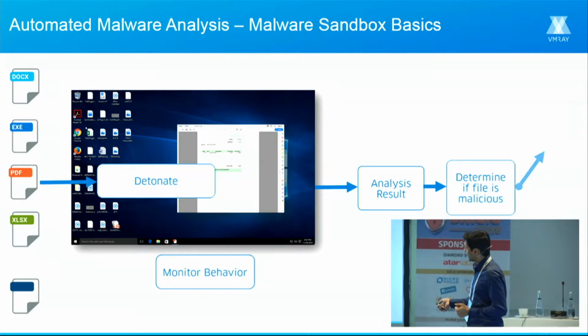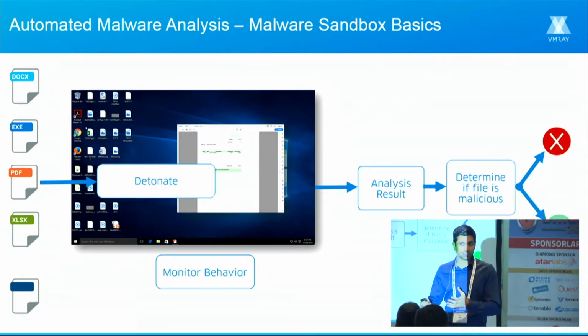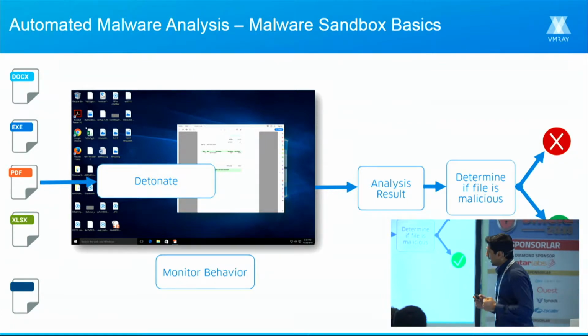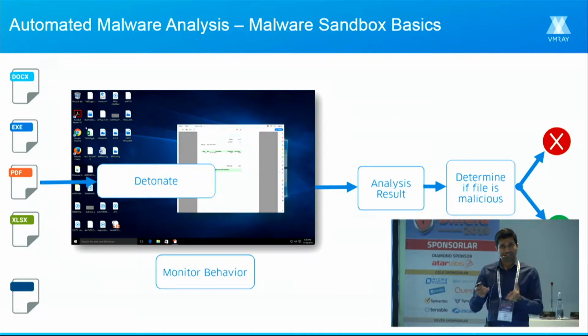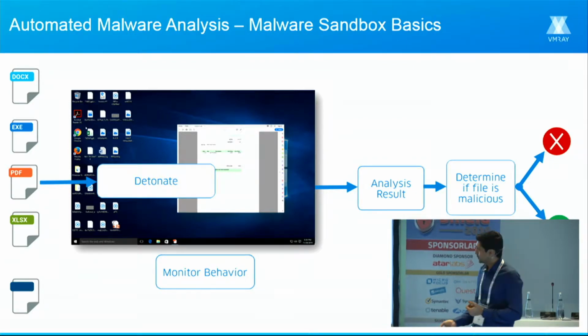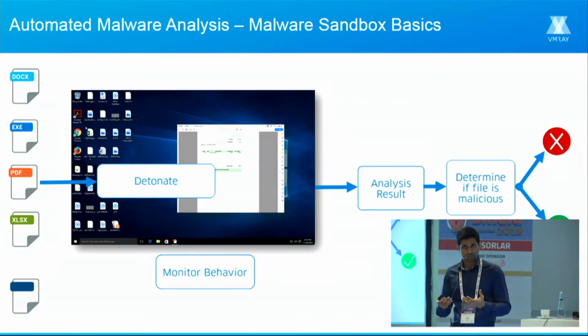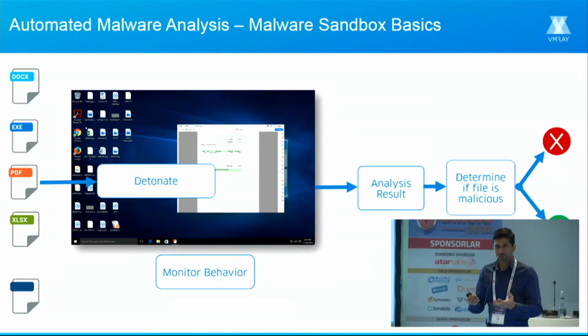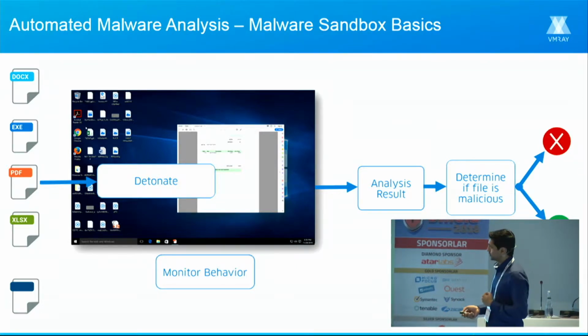Now, based on this analysis result, you can make a determination if the file is malicious or not. Now, this is a much more effective approach to traditional signature-based detection systems, because in this approach, you are basically looking at the behavior of the file, right? So this is a behavioral approach to detecting if a file is malicious or not.